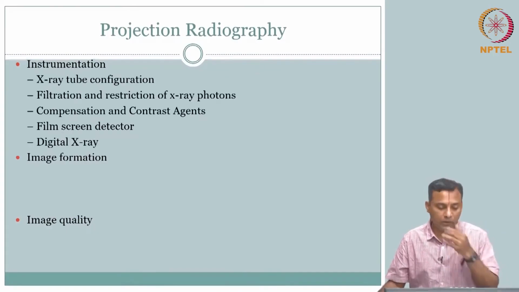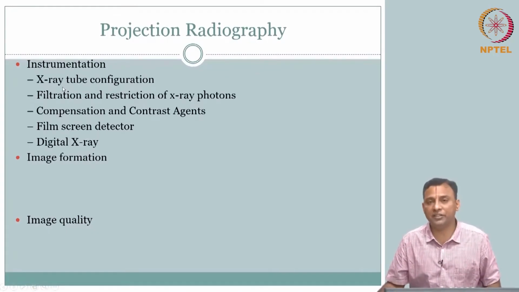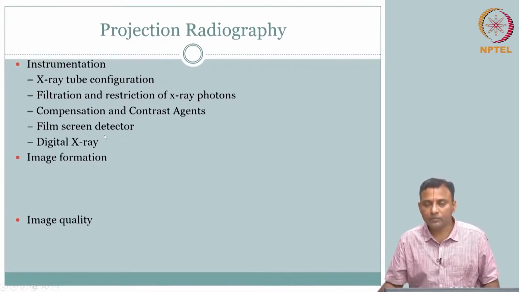We will cover the major instrumentation components: the X-ray tube, filtration, restrictions, compensation, contrast agents, and then the film screen detector. Digital X-ray is now very common, so we will attempt to cover it if time permits.